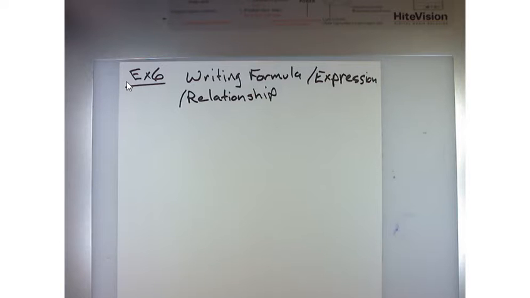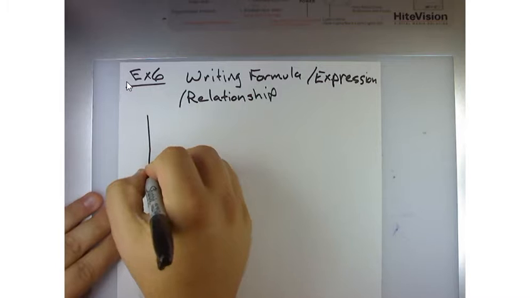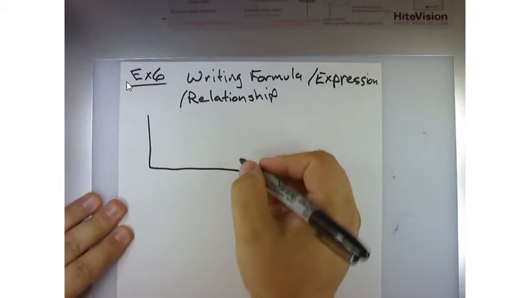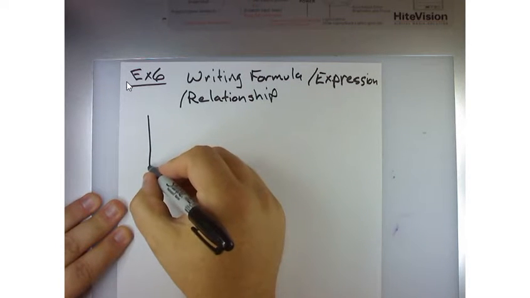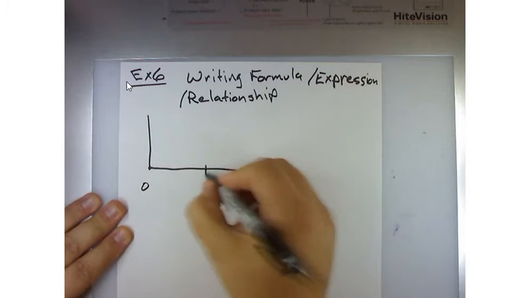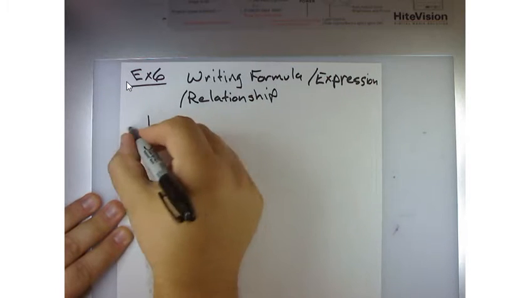And so in example number 6, they give us a graph. This is 0, this is 1, and this is 1 up here.